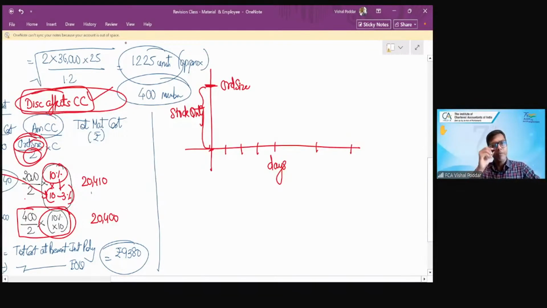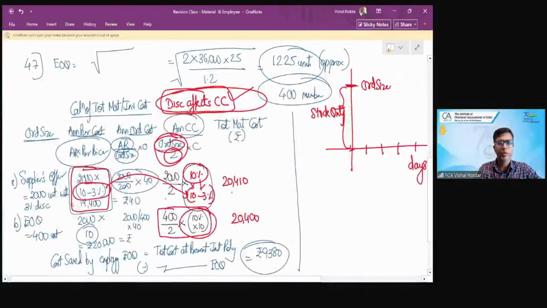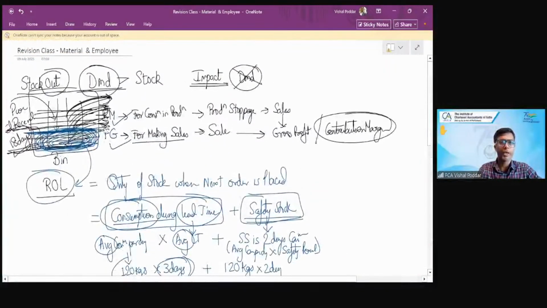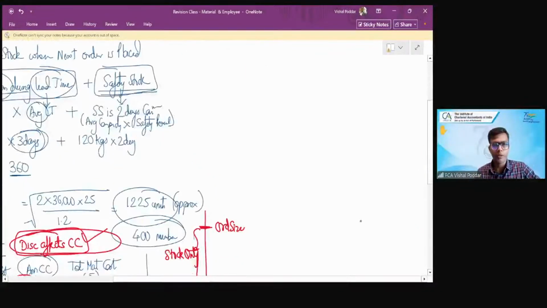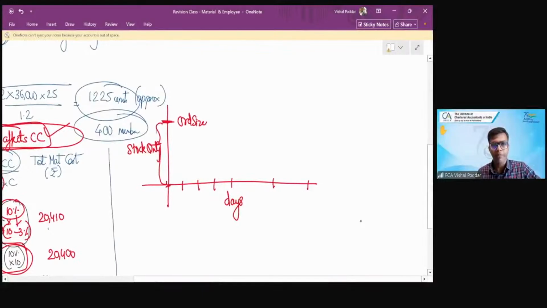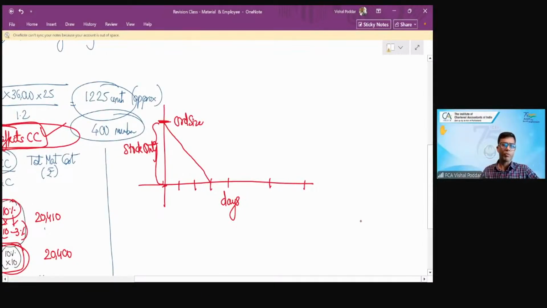Now, with every day, since there is an outward flow for consumption, your stock quantity is reducing every day, and on a particular day it will become zero. But since you have already decided EOQ and the time gap, you have already placed the order and planned your inventory in such a fashion that the moment this becomes zero, my next order will be delivered, again equal to the order size.